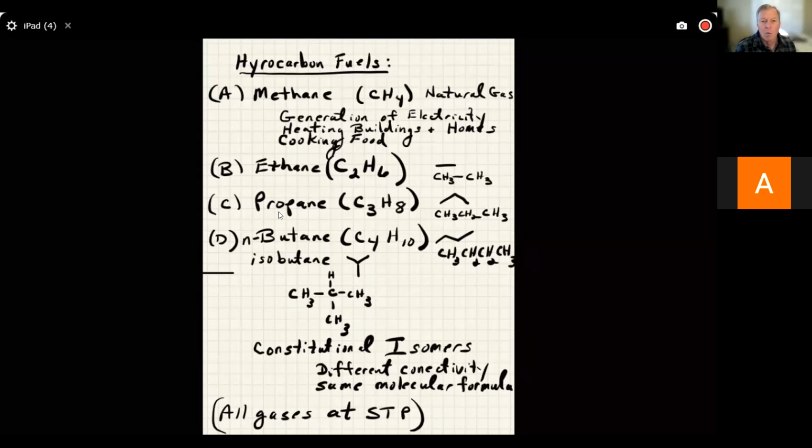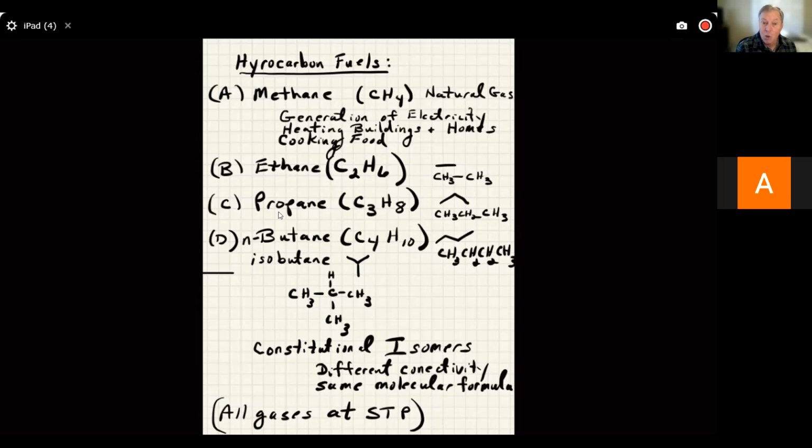All right. As a background, many times we use this term natural gas. You've heard that expression many times. Most of natural gas is methane, with some ethane and propane mixed in, but the predominant hydrocarbon in natural gas is methane.